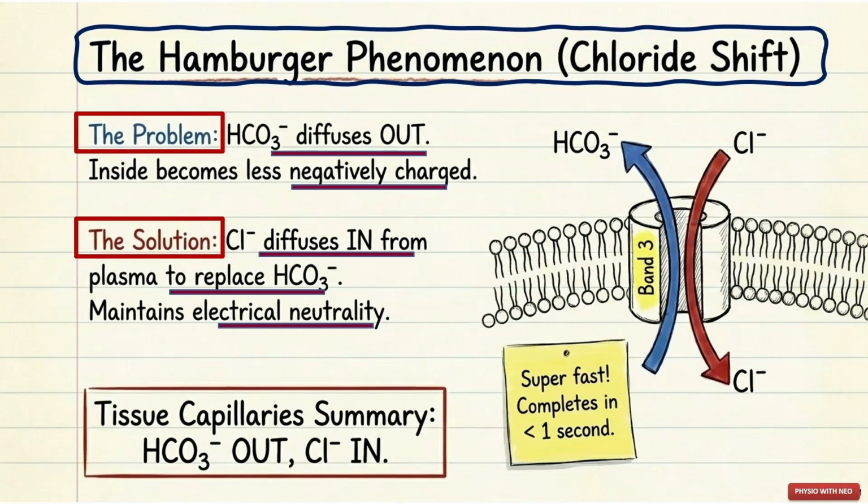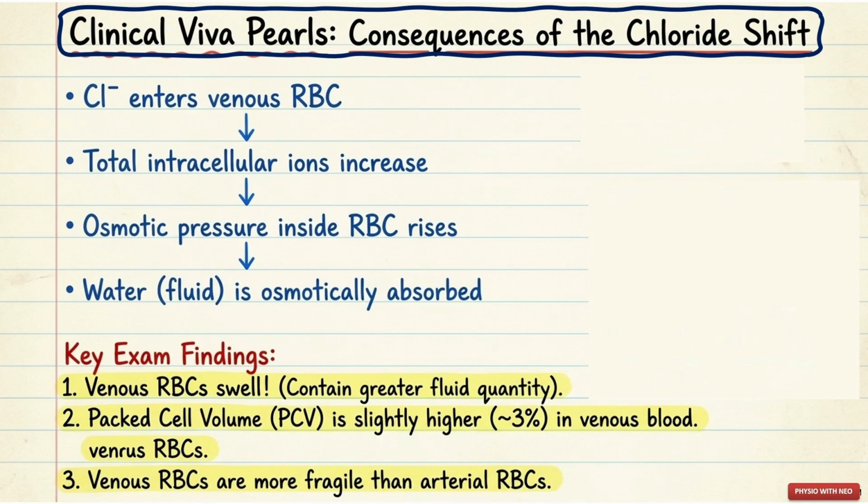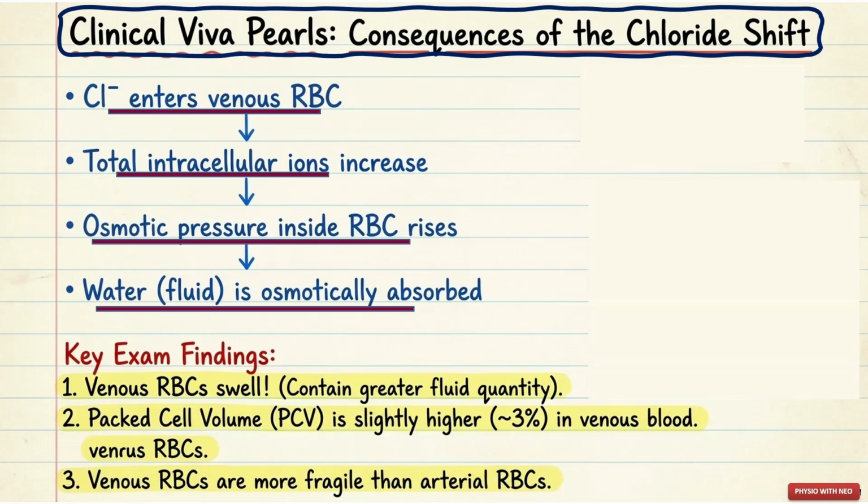So what happens to the RBCs after the chloride enters? Let's see the consequences of the chloride shift. When chloride enters the venous RBCs, total intracellular ions increase. This leads to a rise in osmotic pressure inside the RBCs, and some water is osmotically absorbed. As a result, the venous RBCs swell.